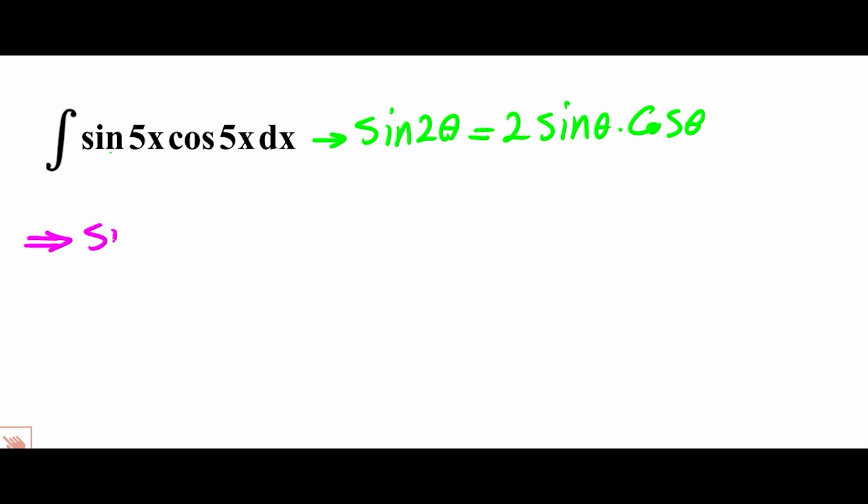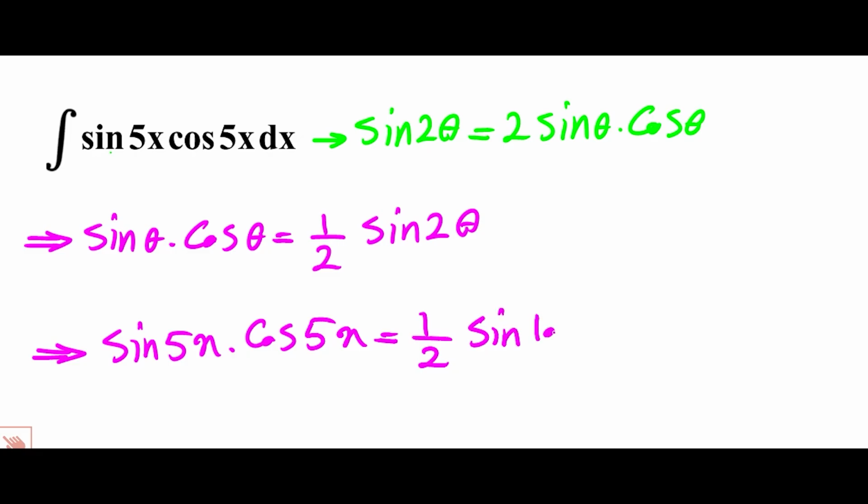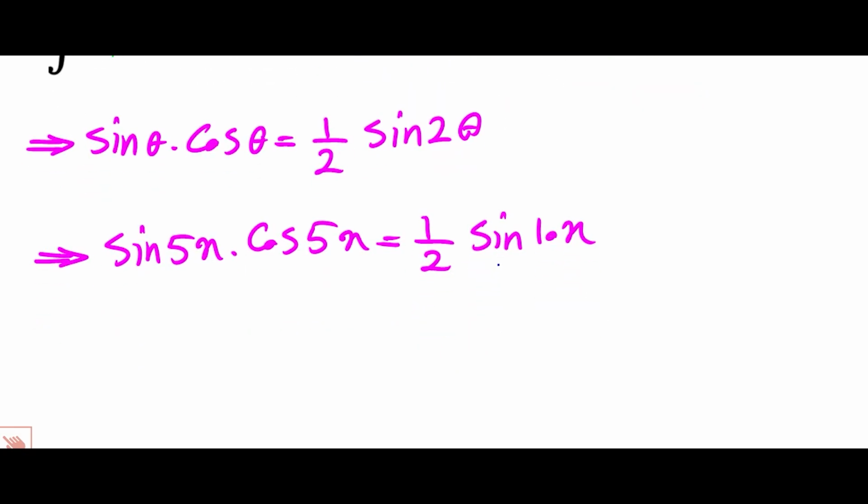So sine of theta times cosine of theta equals 1/2 sine of 2 theta, right? So if theta is 5x, we have sine of 5x times cosine of 5x equals 1/2 sine of 10x, right?